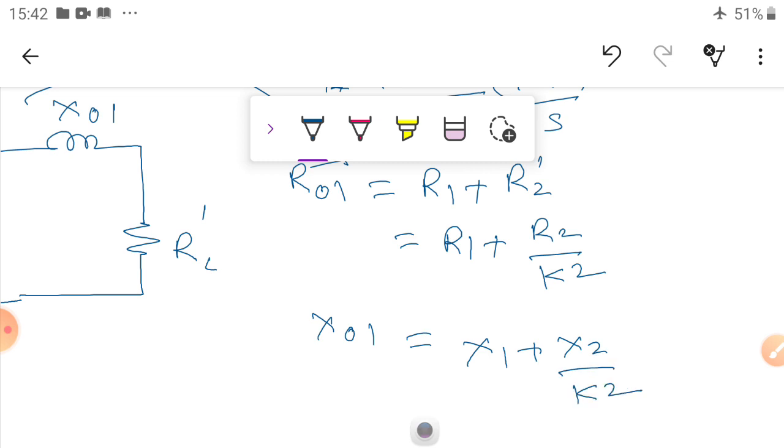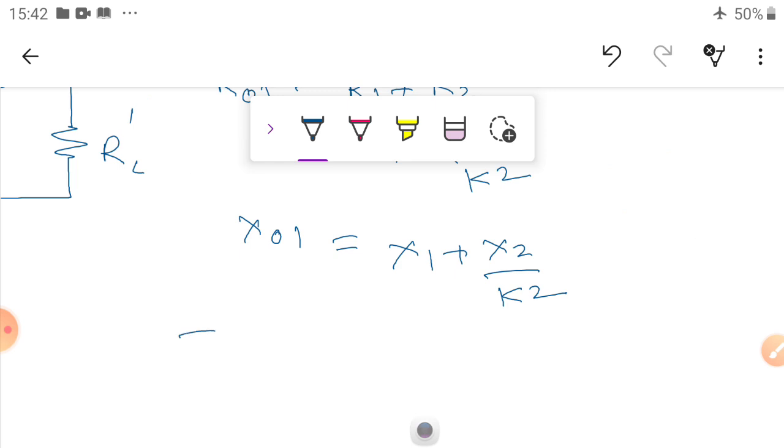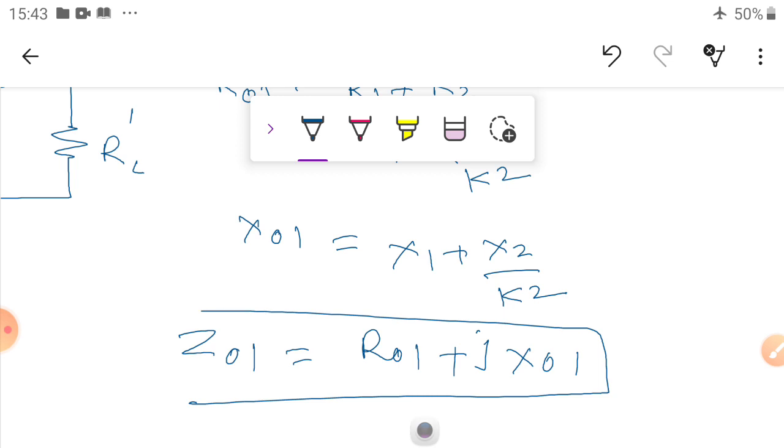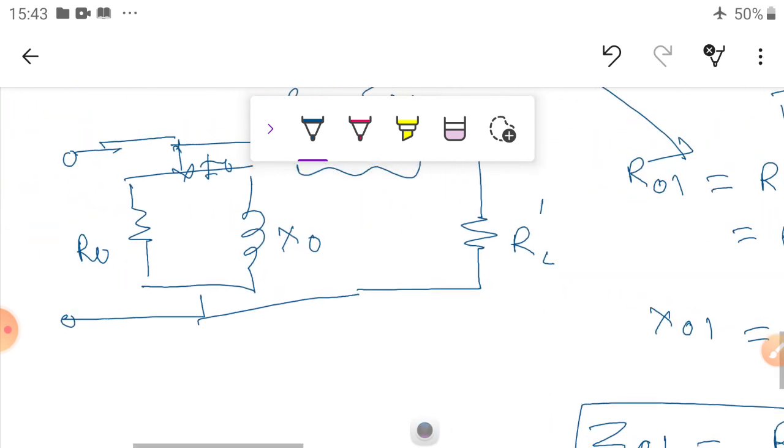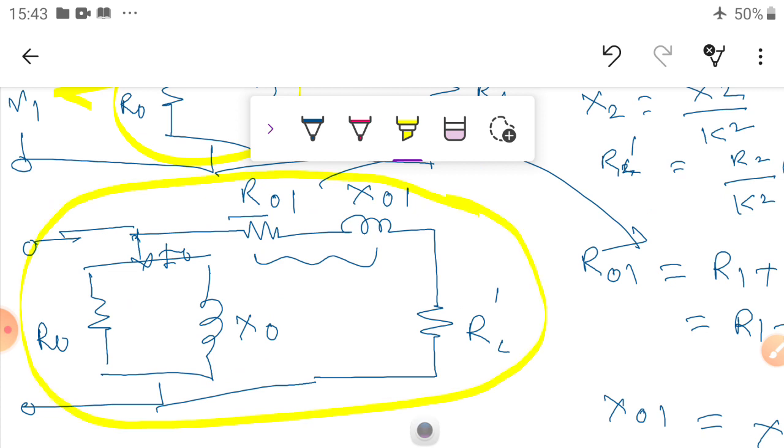These two values give Z01, which is equal to R01 plus j X01. Finally, this is our induction motor equivalent circuit diagram, which we derived.